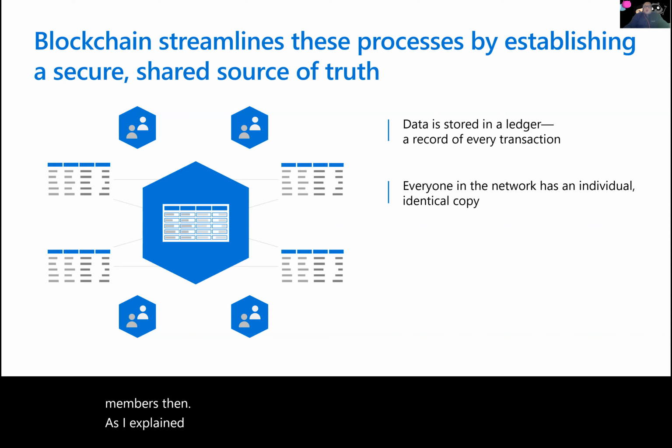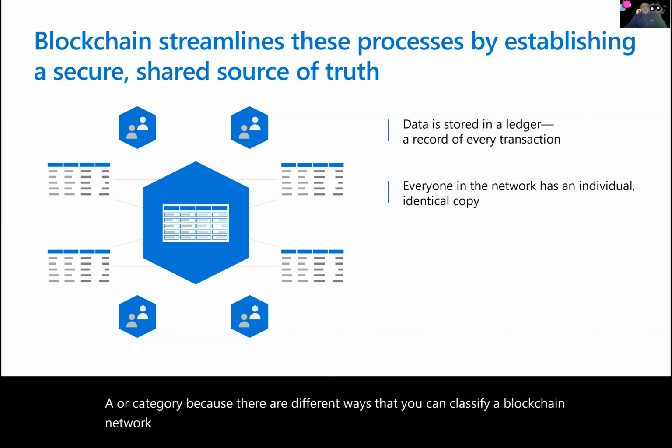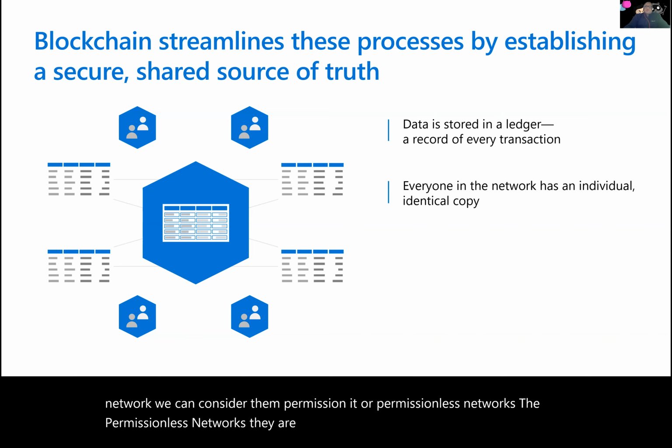Depending on the blockchain model or approach or category, because there are different ways that you can classify a blockchain network, we can consider them permissioned or permissionless networks. Permissionless networks, examples being Ethereum and Bitcoin, are ones where you don't need to be authorized to join the network.